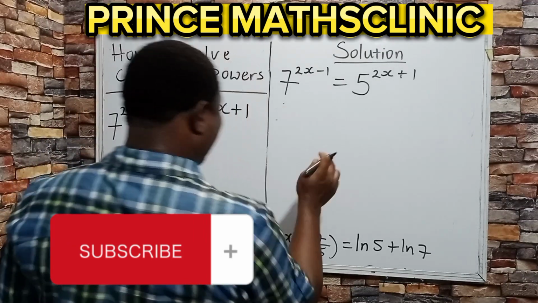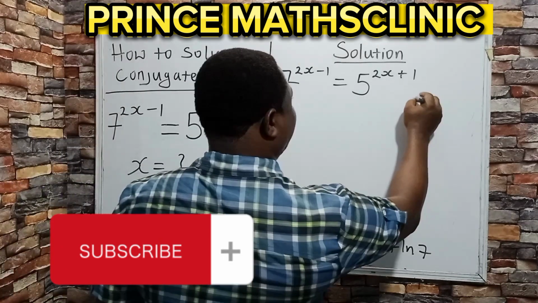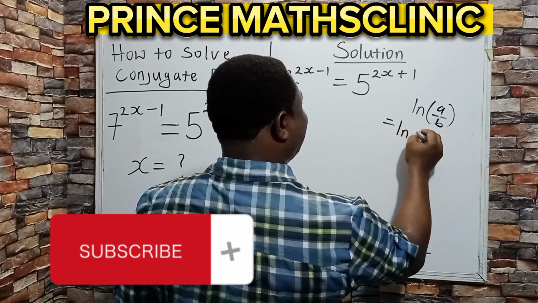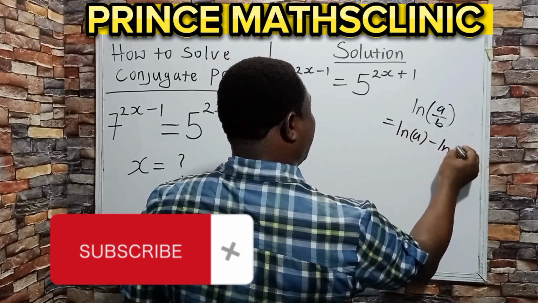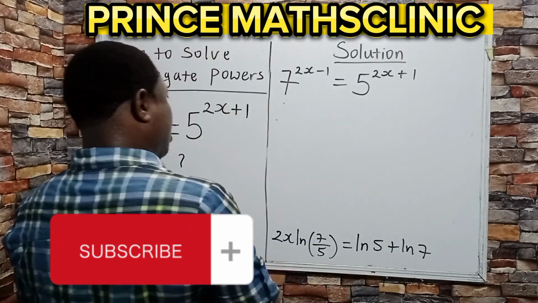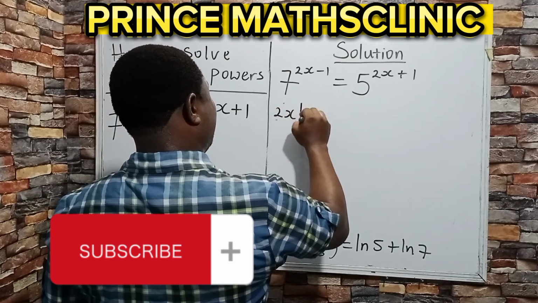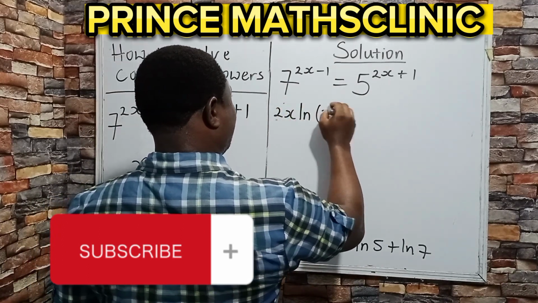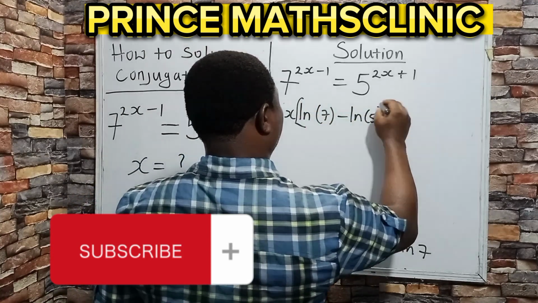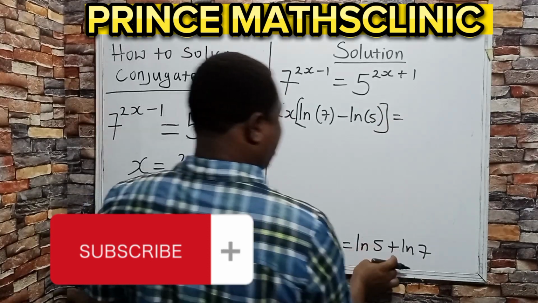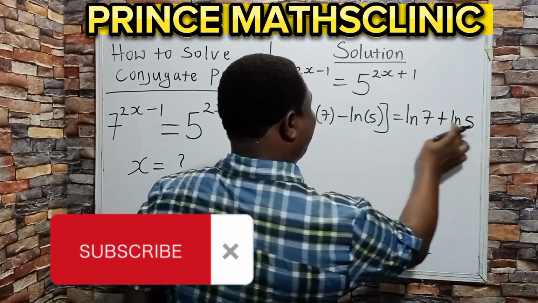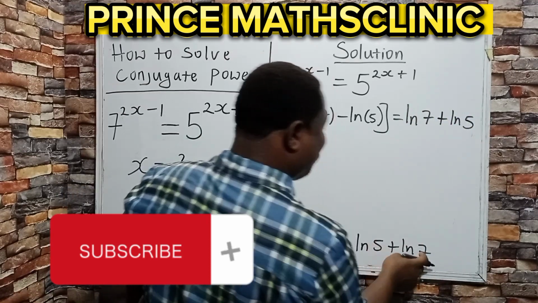Therefore, I can rewrite this: if you have ln A over B, say ln A minus ln B. So using that rule here, I'm going to have 2x times ln 7 minus ln 5 equal to, now we have ln 7 plus ln 5. They are the same thing. 7 plus 5 is the same as 5 plus 7.